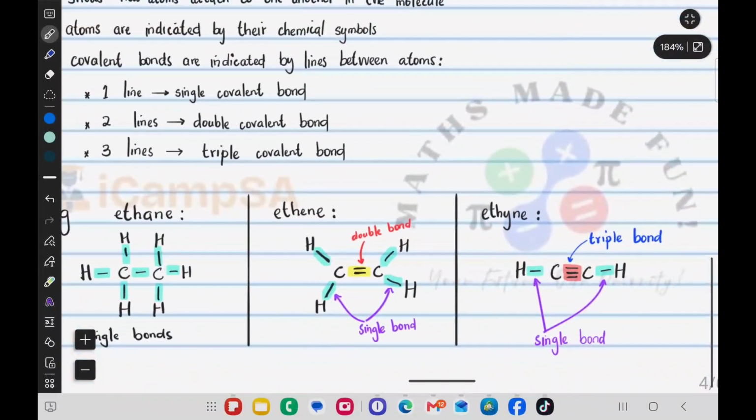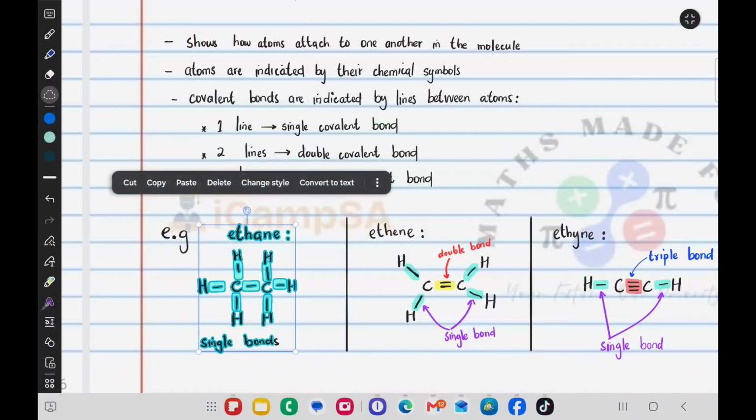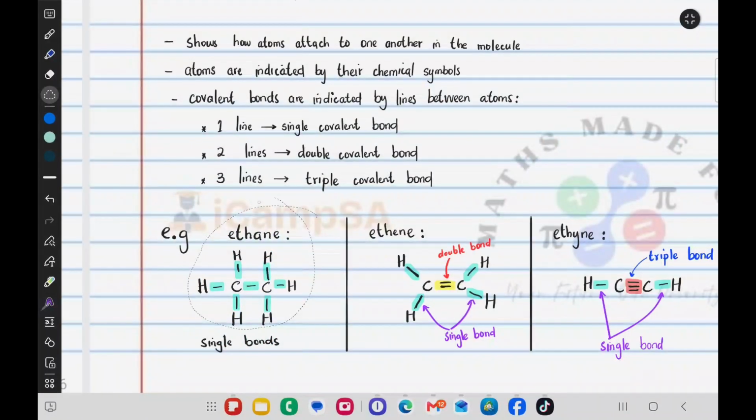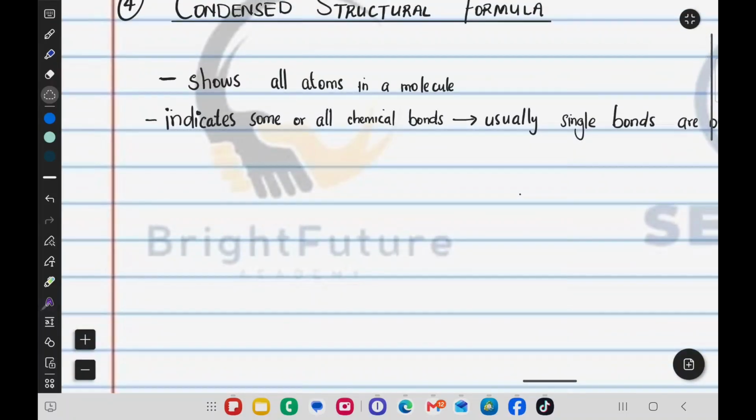Let's start with ethane. So what we will do is we will say this is our structural formula.